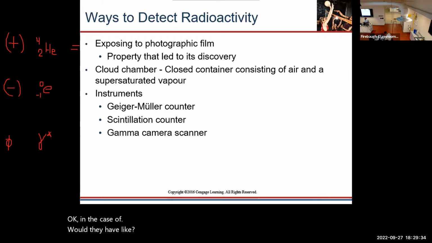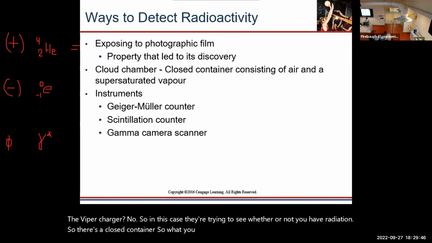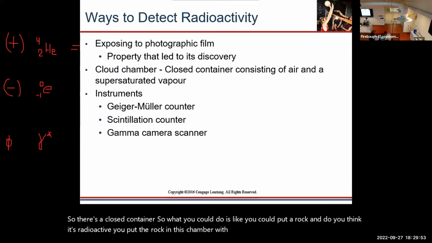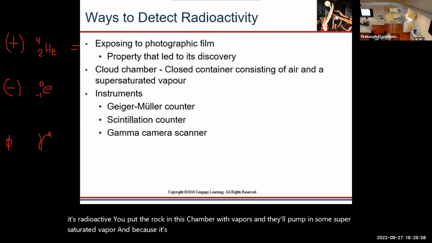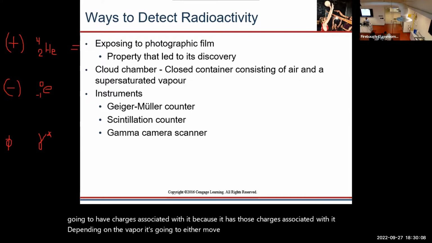In this case, there's a closed container system. Because it's supersaturated, it's also going to have charges associated with it.